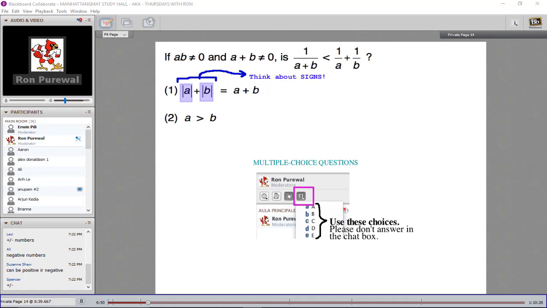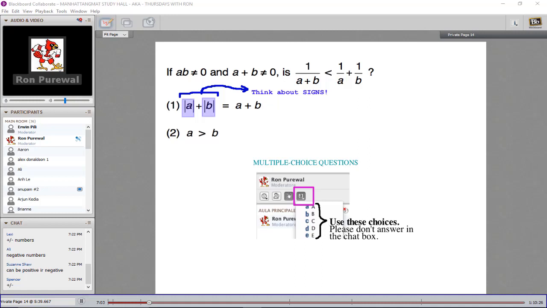Also, this kind of stuff, you got to look at the conditions in the problem. Sometimes they're just bookkeeping, and sometimes they're significant. Like when you see these things up here after the word if, what's going on with AB not equal to 0 and A plus B not equal to 0? What are they doing there?